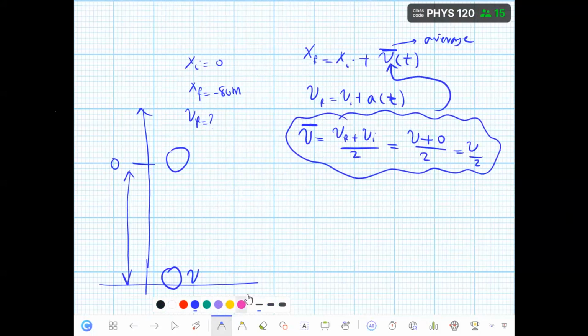So when I place this here, X final equals, what was the X initial? 0. Plus, what is the V average? V over 2 times T, yes? Good. So from here, I can calculate the T.